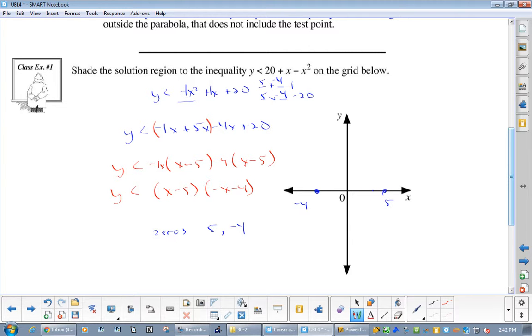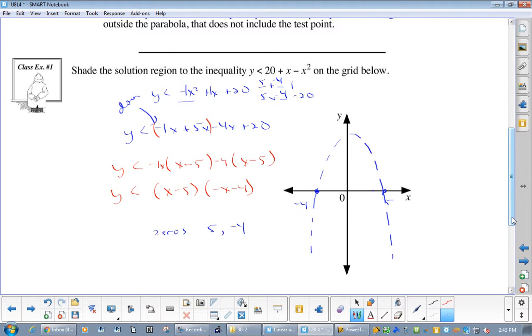Now, is this going up or down? It's going down, isn't it? Because of the negative. So without getting too fancy, it would be something like this. Where is the shading? Inside, and I can't have solid, can I?